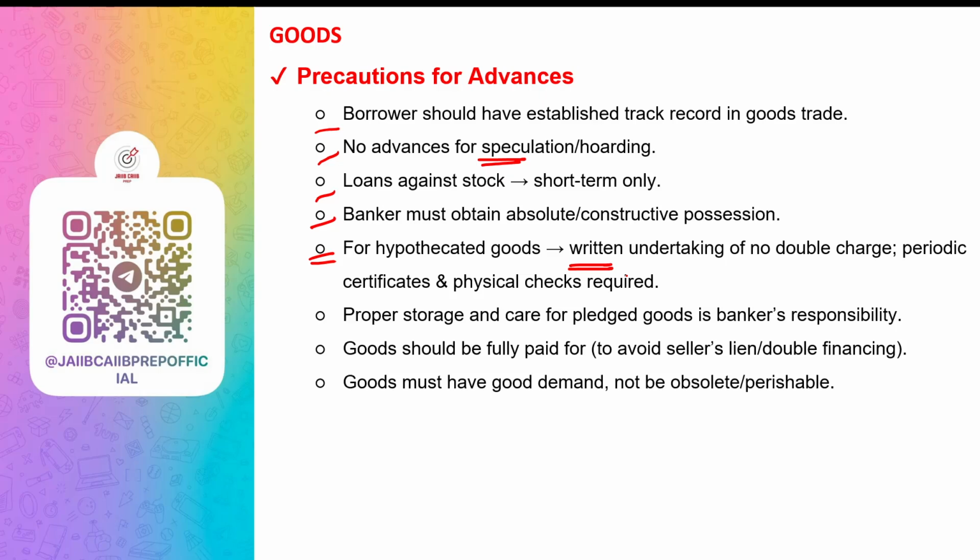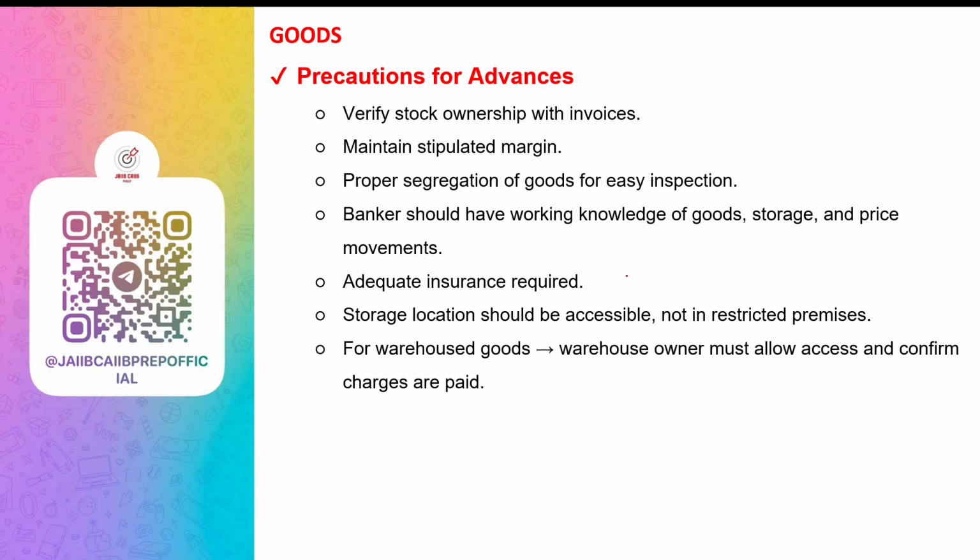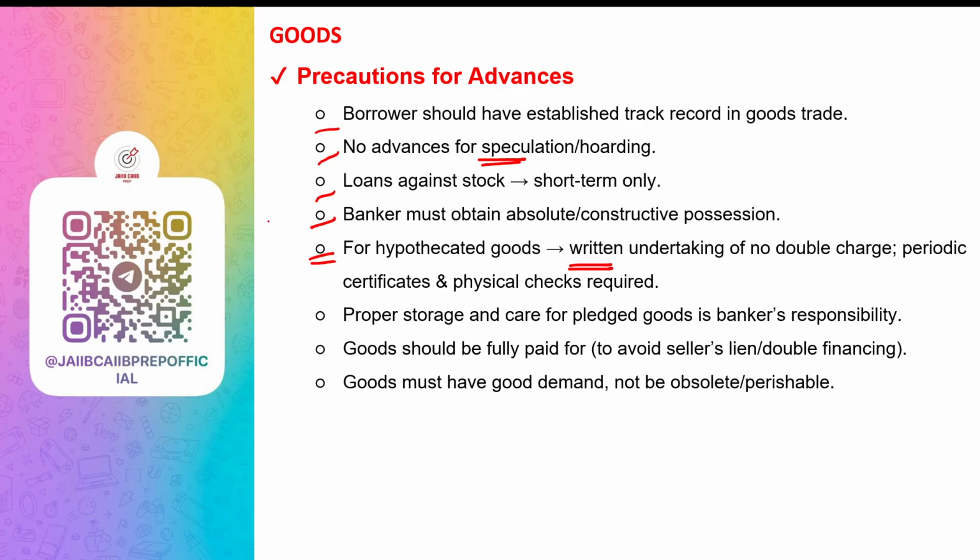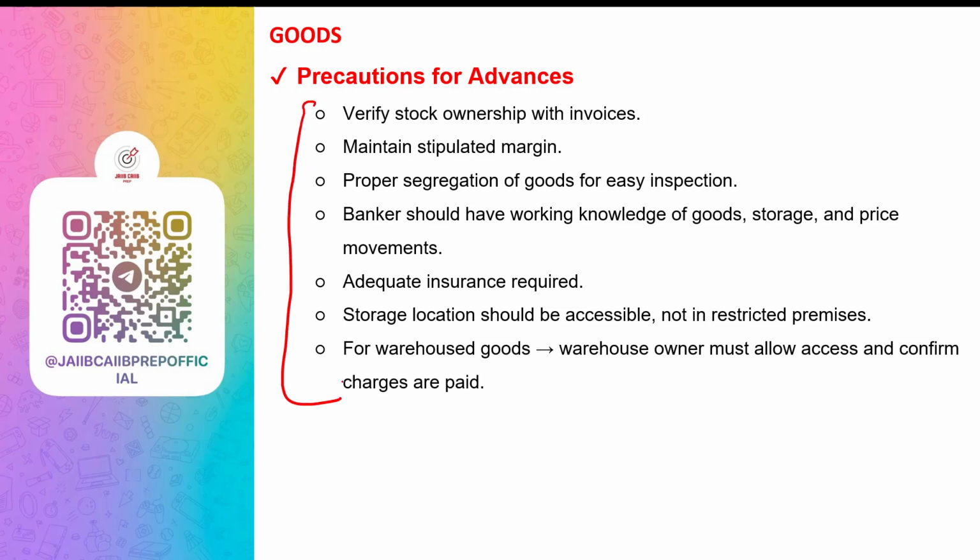Storage location must be easily accessible and safe. In case of a warehouse, obtain an undertaking for inspection rights, and check that charges are paid regularly. So these 15 to 16 precautions should be taken while granting an advance against goods.